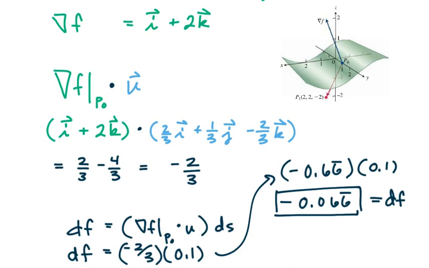And so df represents a change in the function. And that results from moving this ds quantity 0.1 unit away from the initial point in the direction of u. Okay, so that change is approximately 67 thousandths.